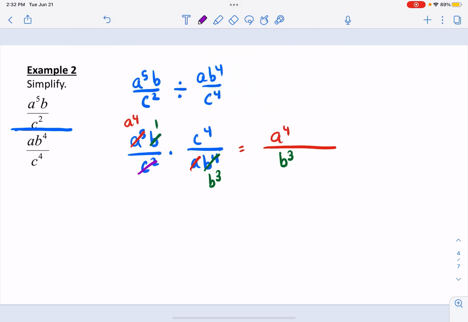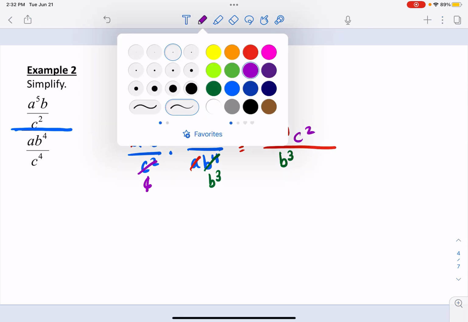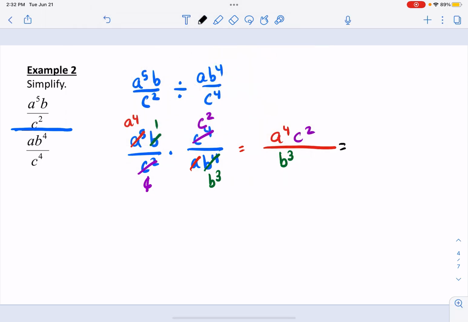And then c cancels, that becomes a 1, that becomes a c squared. So then we simplify, and that's our answer. Okay, so that's all you have to remember, is to flip whatever is in your denominator.